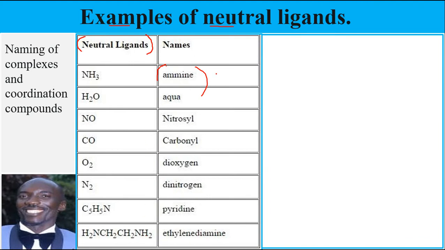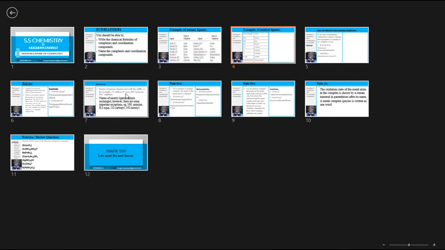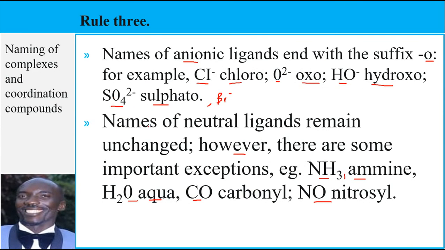So these are examples of neutral ligands, and for those exceptions the names change, unlike the others which remain unchanged. Here we are just trying to see how some names change and how other names don't change. So we have these exceptions as I've shown you in the other slide.